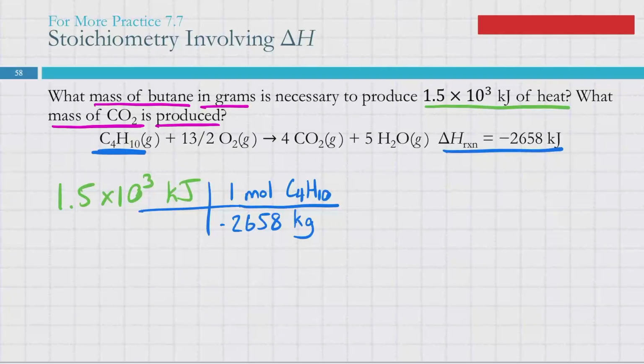So when we do this step, our kilojoules, I put kilograms, that's fun. Our kilojoules cancel. This would leave us with moles of C4H10. We need to get it to mass of butane. So we're going to need molar mass.